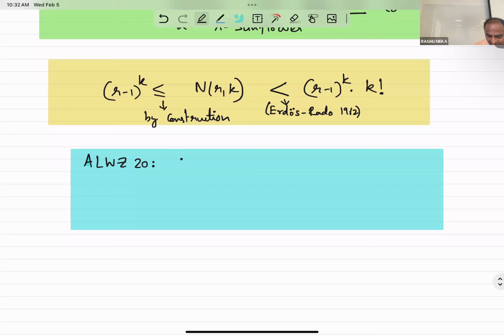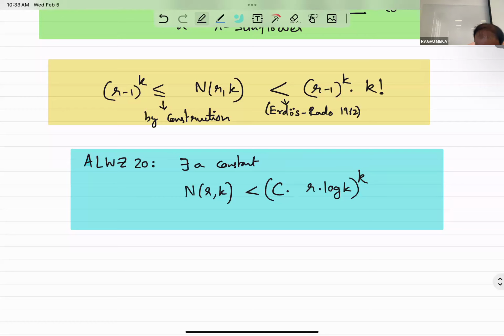And they showed that n(r, k), in our current notation, is at most some constant c times... there exists a constant c. I mean, the constant is not that bad, but it's not important, such that this holds.